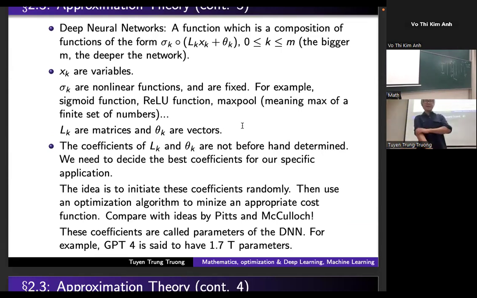Actually, the idea is that we should not fix L_k and theta_k, but we should start from some random values for them and try to get better values later. This came from Bisk and Makulov in that article.